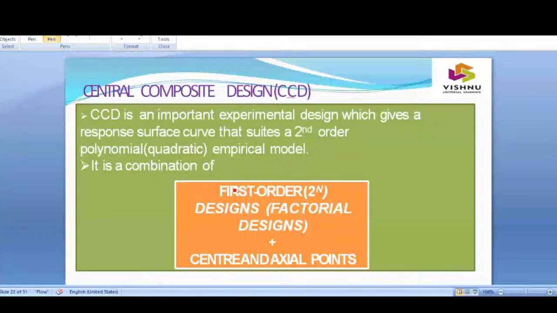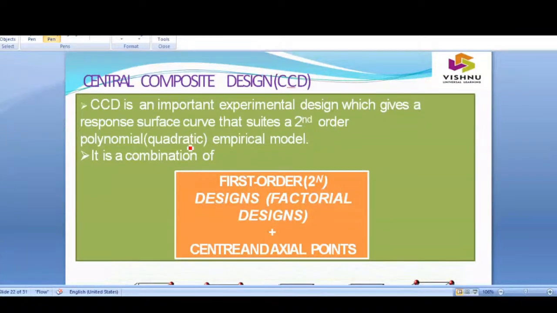Now the next one is the central composite design. It is an important design which gives the response surface polynomial, especially the quadratic expression. So this is a useful tool. It is a combination of the first order designs plus central and axial points.